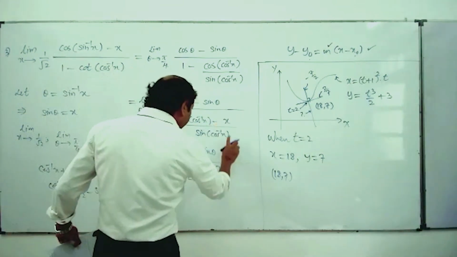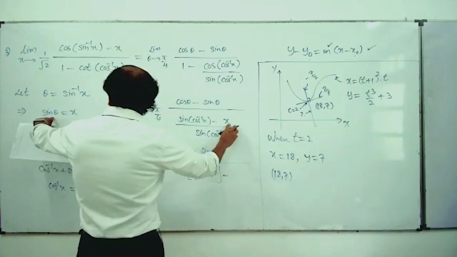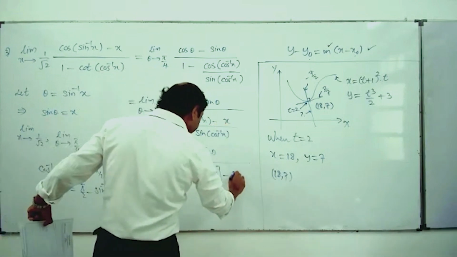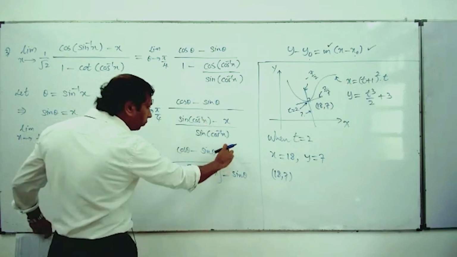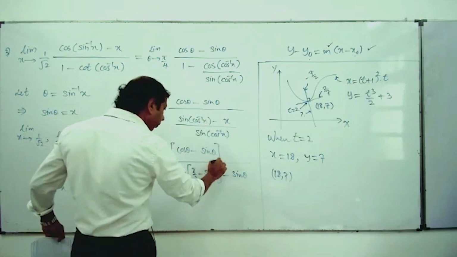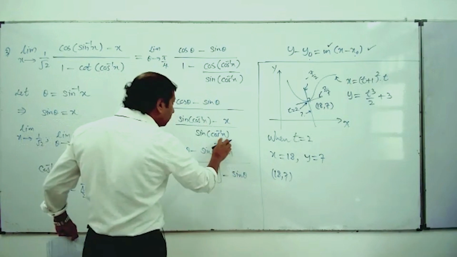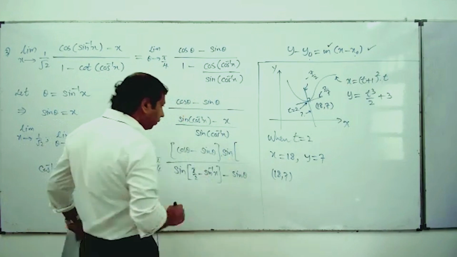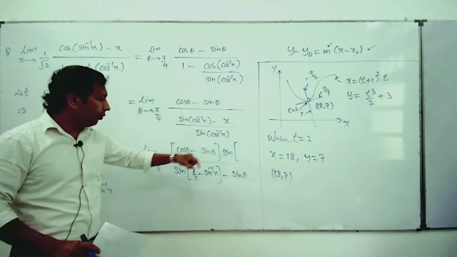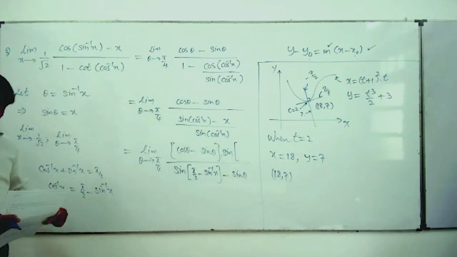For this cos inverse x, I substituted pi by 2 minus sin inverse x, minus x. X is sin theta. This sin cos inverse x goes to the numerator here. This cos inverse x also, again we write pi by 2 minus sin inverse x.